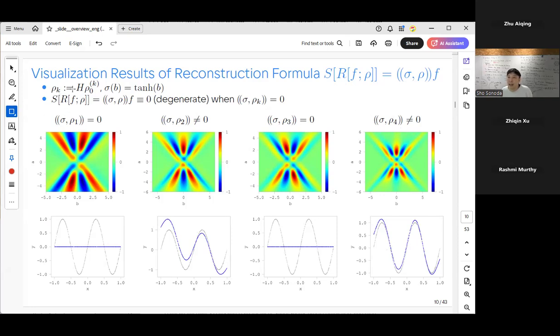Here, rho k is the Hilbert transform of the kth derivative of Gaussian, rho 0. We can analytically verify that rho 1 and rho 3 are orthogonal to hyperbolic tangent, but rho 2 and rho 4 are not orthogonal. So in the orthogonal case, of course, all the information of the original function f is encoded on the parameter domain, but the reconstruction result degenerates to the zero function. This means that the neural network has a non-trivial null element.